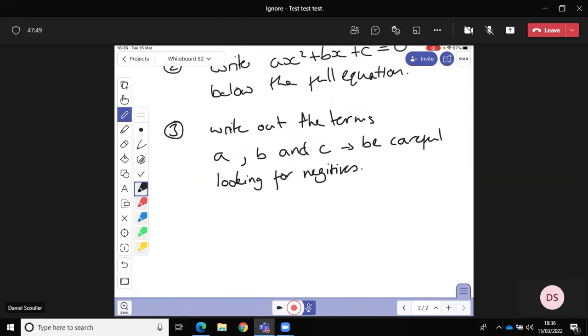So you've got your equation, you've got that line ax squared plus bx plus c equals 0 underneath. What is A? What is B? What is C? Actually pull that out and write them out, then double check. At that point, write out the formula.